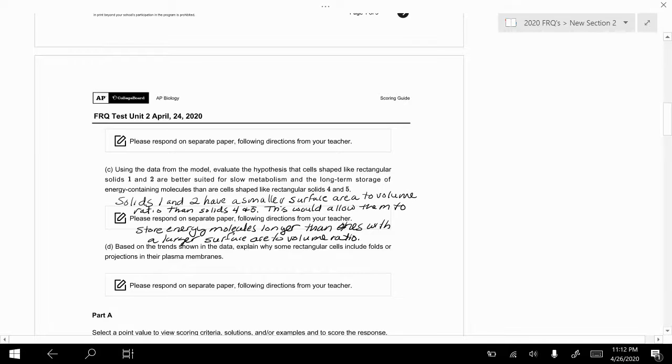Okay, so it does say are better suited for slow metabolism and the long-term storage of energy-containing molecules than are cells shaped like rectangular cells 4 and 5. So I noticed that I didn't put the slow metabolism. So I would want to go ahead and add that in. That's something I missed.